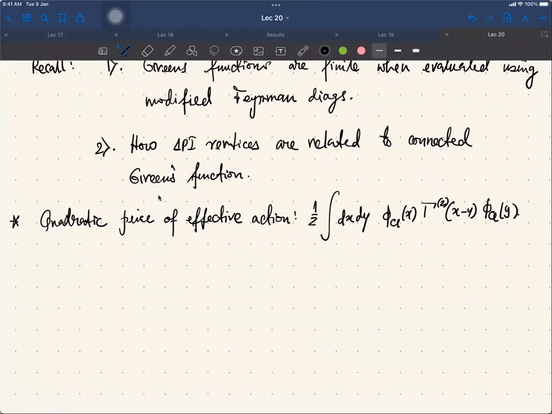So that is the 2-point 1 pi vertex, and this satisfies gamma_2(x minus z) times G_c2(z minus y) is proportional to delta(x minus y).